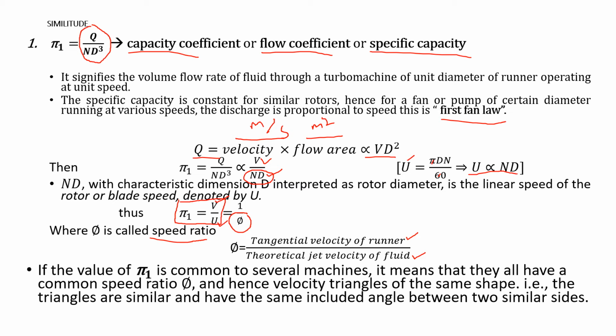Velocity triangles we will study in the next module. This is the importance of the pi 1 term Q by ND cube.